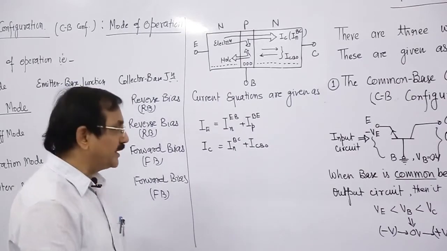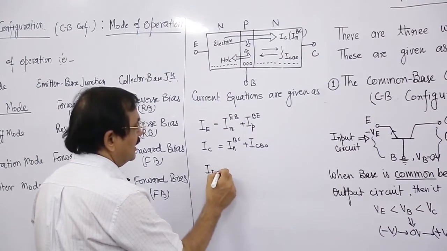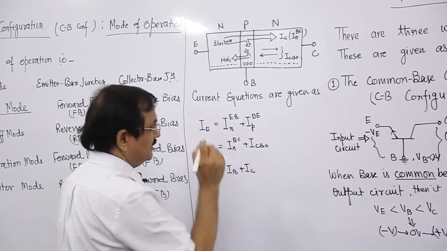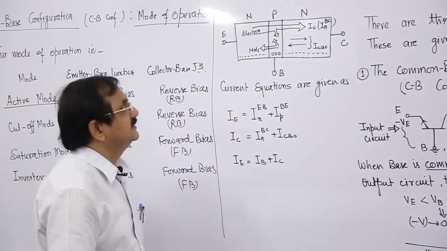And the third important current equation is IE is equal to IB plus IC, which we have discussed in the previous module.